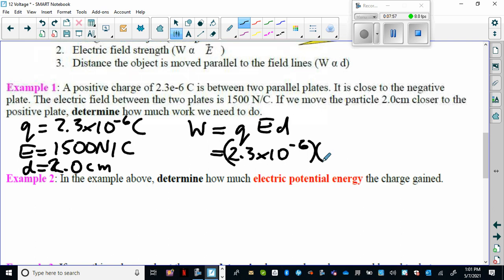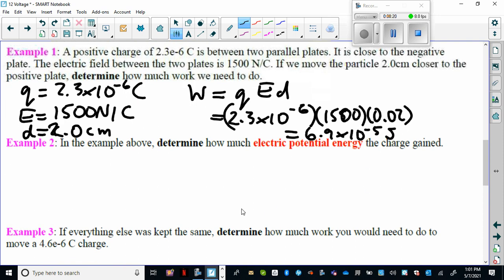E is 1500, and d is 0.02. Multiply all those together, and you get the answer, which turns out to be 6.9 times 10 to the negative 5 joules, because work and energy are the same thing, and they're both measured in joules.